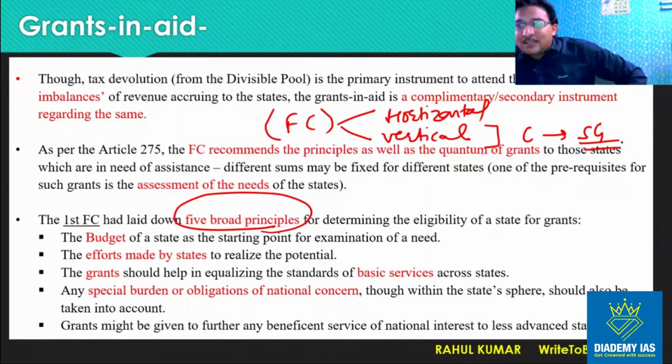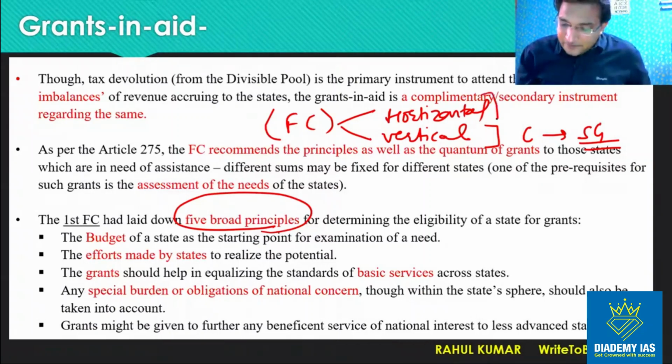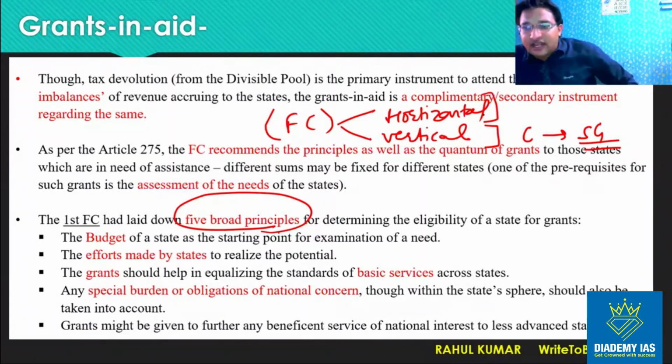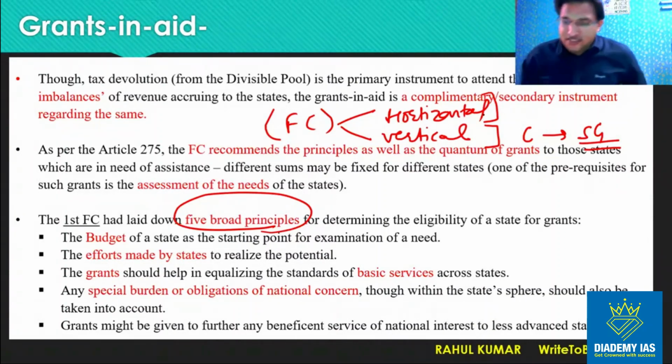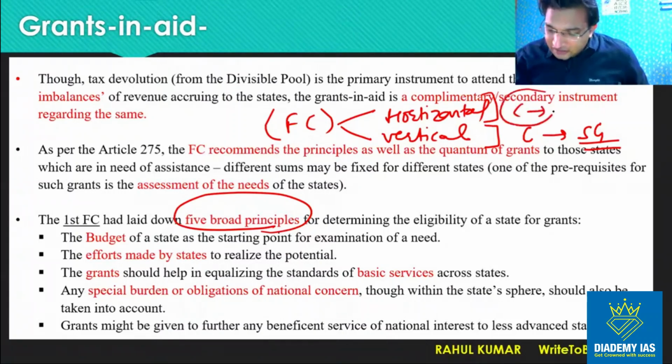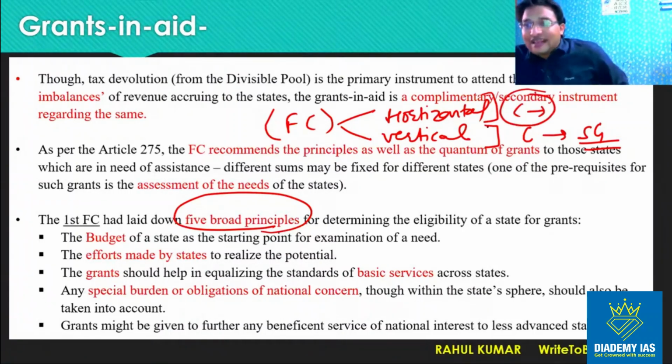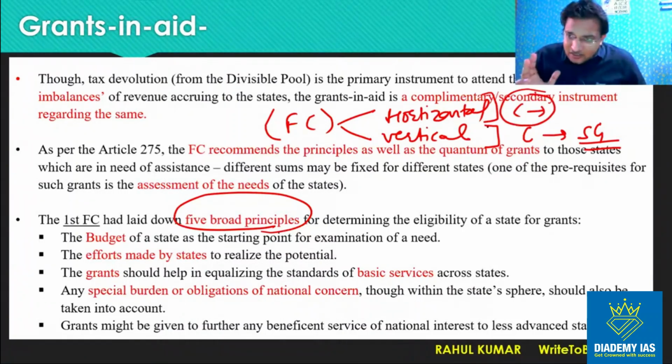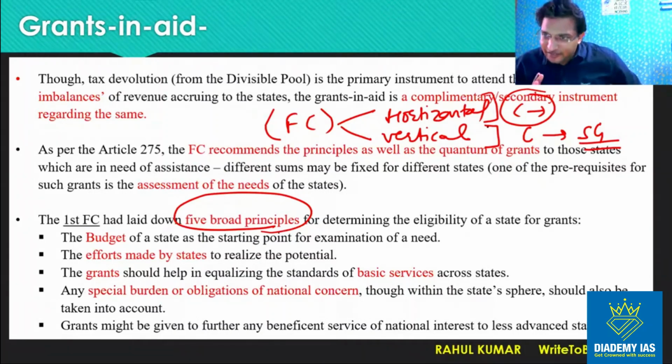Horizontal balance means there are some states which are disadvantageous, or in a particular year they might face some problem, so those states might be disadvantageous as compared to the other states. Such states get funds from the center so that they can have equal status like the other states. So horizontal balance means balancing between various states, that is, state and state.